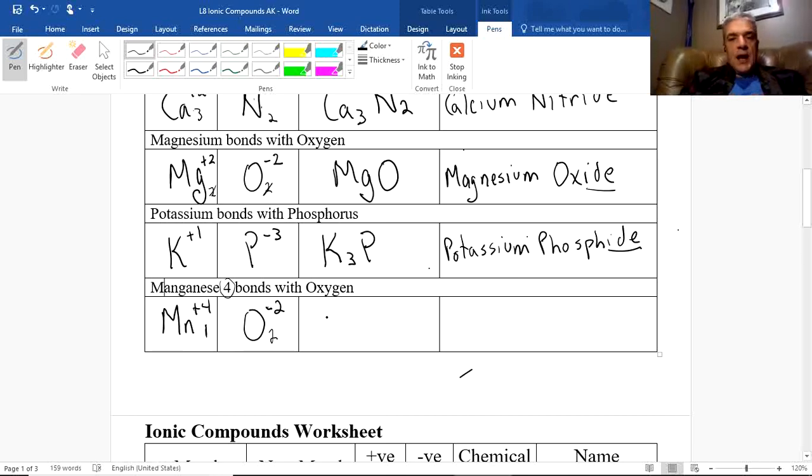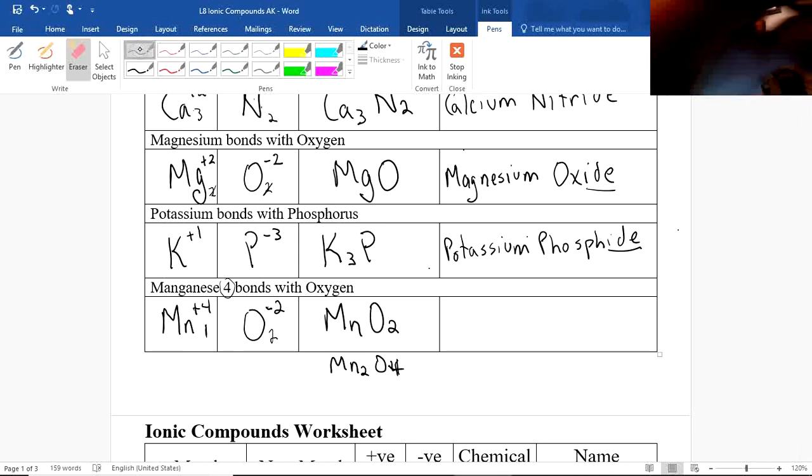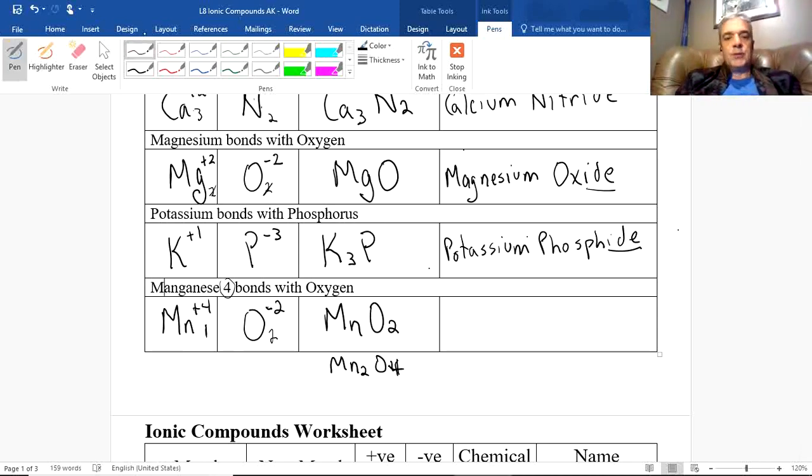So I can write this then as MnO2. I will get some students who will write it as Mn2O4, and you will get marked wrong for that. It's not lowest terms, so to speak. 2 and 4 can each be evenly divided by a 2, and so it works like a lowest terms thing. So don't get caught in that sort of trick. We should bring it down into its lowest terms for the chemical formula.